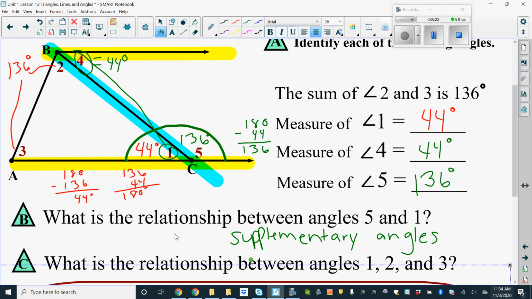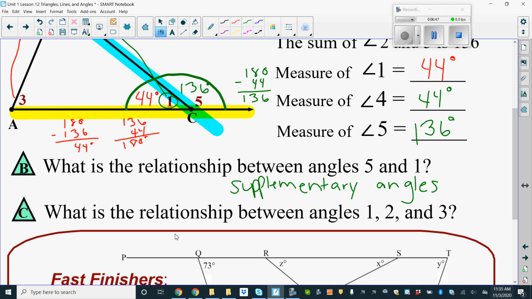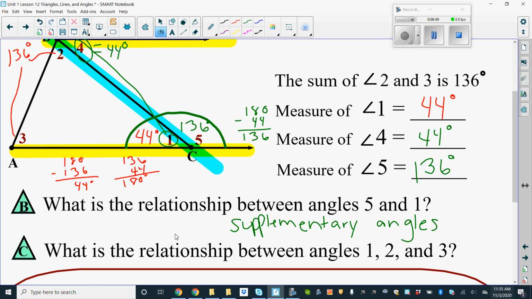But when they're talking about a relationship, you're talking about either alternate interior angles, alternate exterior angles, vertical angles, corresponding angles, complementary, or supplementary. The relationship between 1, 2, and 3 is that they are also supplementary angles because they add up to 180 degrees.